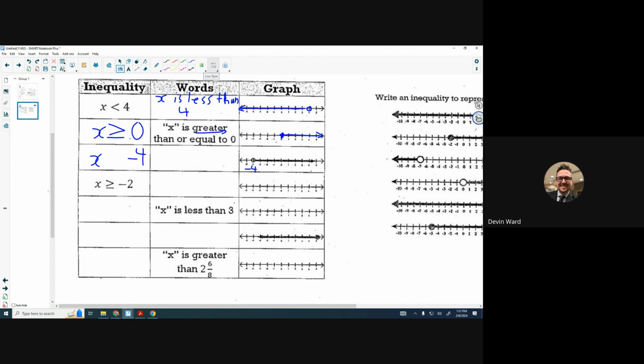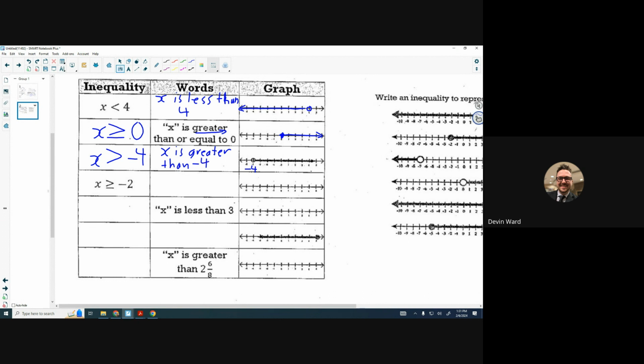So that means that x's are always going to be bigger than -4, which means that's going to open towards the x. And because it's an open dot, I don't have an equal to, so it's just x is greater than -4.